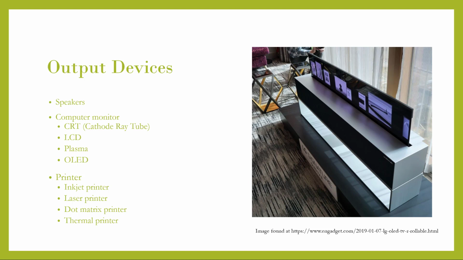Dot matrix printers are those super old printers that would have the strips on the side to move the paper along. I don't want to talk too much about that, but the thermal printer is something that's used a lot. A lot of receipts use thermal printer paper. When you go to a store, you get a receipt that's generally from a thermal printer. It's a special paper that gets heated up, and I don't think there's any ink in it, so it just heats up that spot and scorches it.